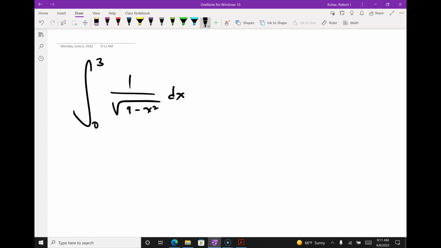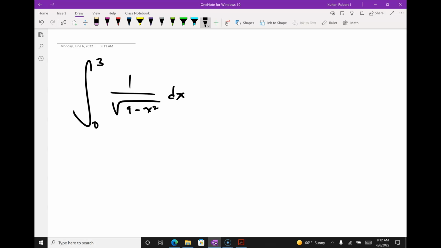Now, what antiderivative do you recognize here? Arc sine, yeah. We definitely see an arc sine here. I want to take a look at the picture because certainly I know when I plug in a 3, I get 1 divided by 0, right?